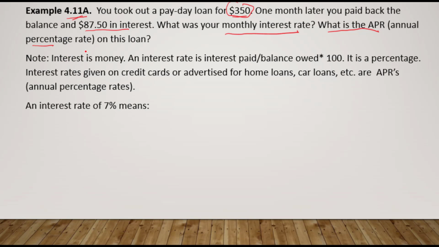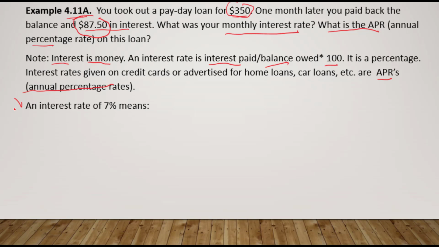So here's the idea. Interest itself, which is right here, is money. An interest rate is the interest paid divided by the balance owed times 100. It's a percentage. Interest rates given on credit cards or advertised on home loans, etc. APR is the annual percentage rate.